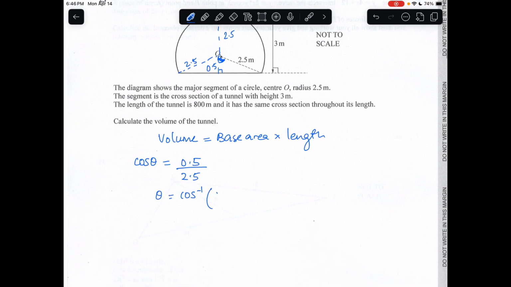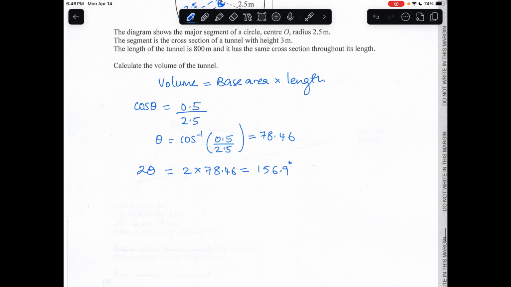Theta is going to be cos inverse of 0.5 divided by 2.5, which works out to be 78.46. Double that, because we are interested in this full angle. So this is going to be 2 theta, 2 times 78.46, which is 156.9, correct to 1 decimal place.